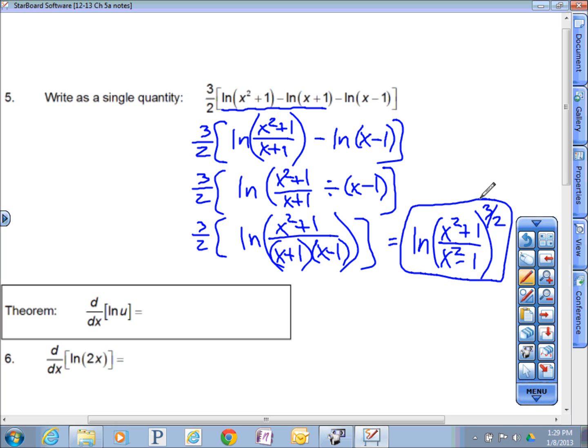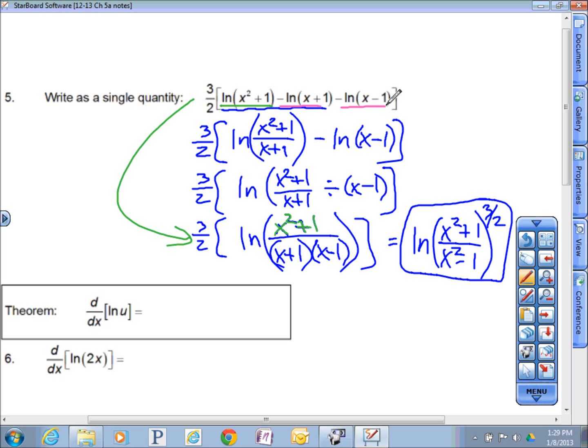As a little bit of a shortcut, something for us to kind of look at. If we look at this, a shorter way to go from this step all the way down to here is to look at our terms. We have, it looks like inside that quantity, 3 terms. The first term has a positive sign on it, and that's why the x squared plus 1 can go right straight to the numerator. The second and third terms each have negative signs on them.